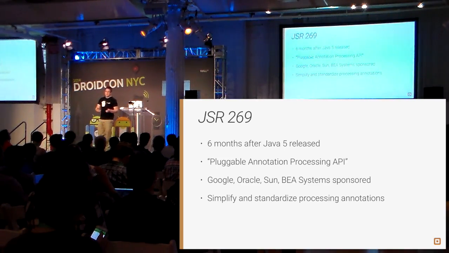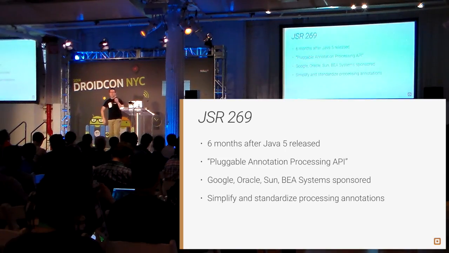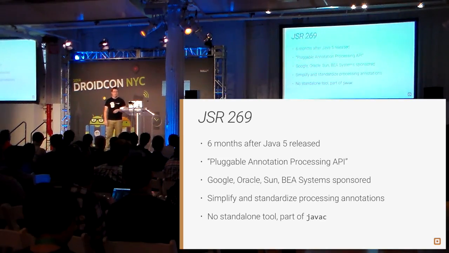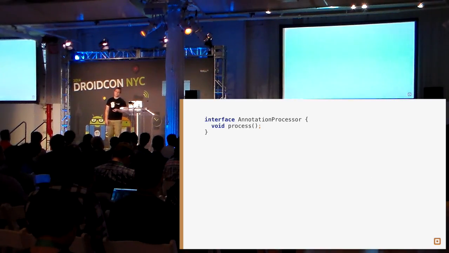People had been using the annotation processing tool through the development of Java 5 and after its release, and realized there were a lot of shortcomings. So that's what this was meant to fix. And the big thing was that no longer would this be a separate tool that you had to invoke. It would be built into javac, which means it was much easier to opt in and much easier to integrate in your builds.